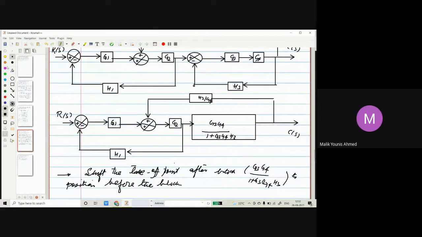We'll be doing some changes, but we'll copy this first. There's no feedback in this case. See, this block is completely, there's no feedback path in this case. You can very clearly see, when you are moving this, there's no feedback path.